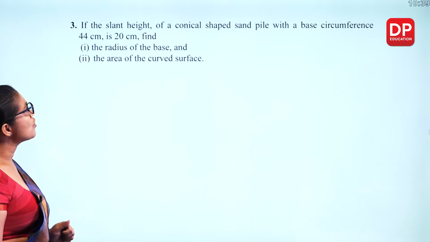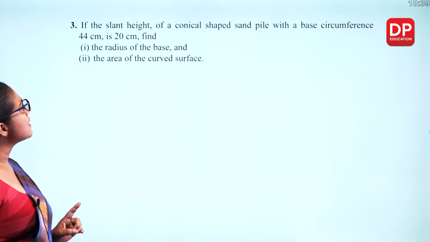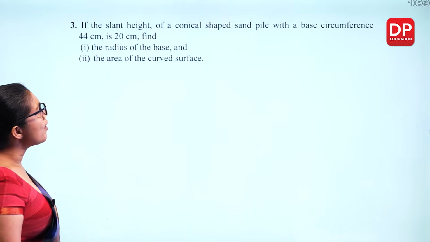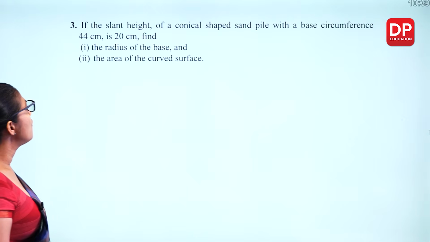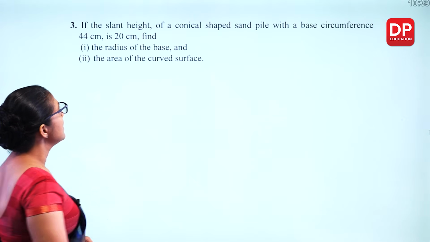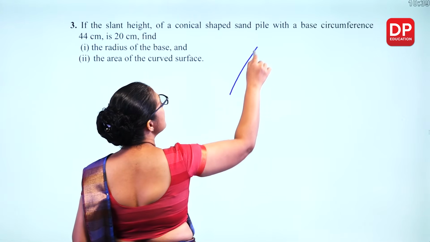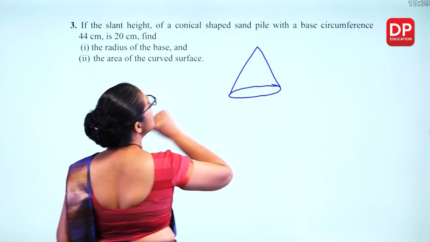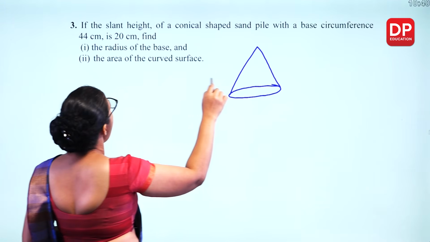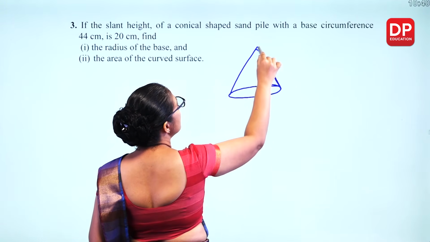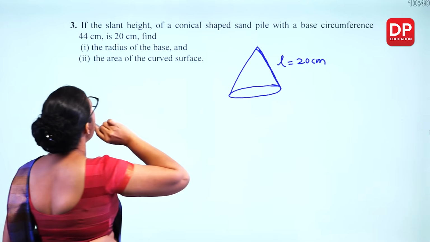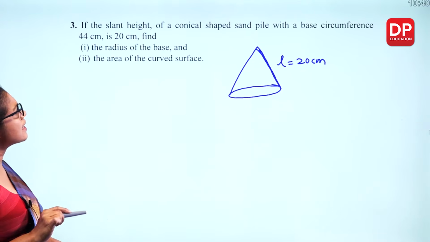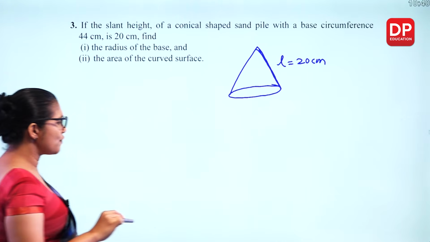Now we'll take question number 3. It says if the slant height of a conical shaped sand pile with a base circumference 44 is 20. So here this is a conical, means a cone shape, and the slant length is given 20 centimeters and what is given, the circumference of the base is 44.